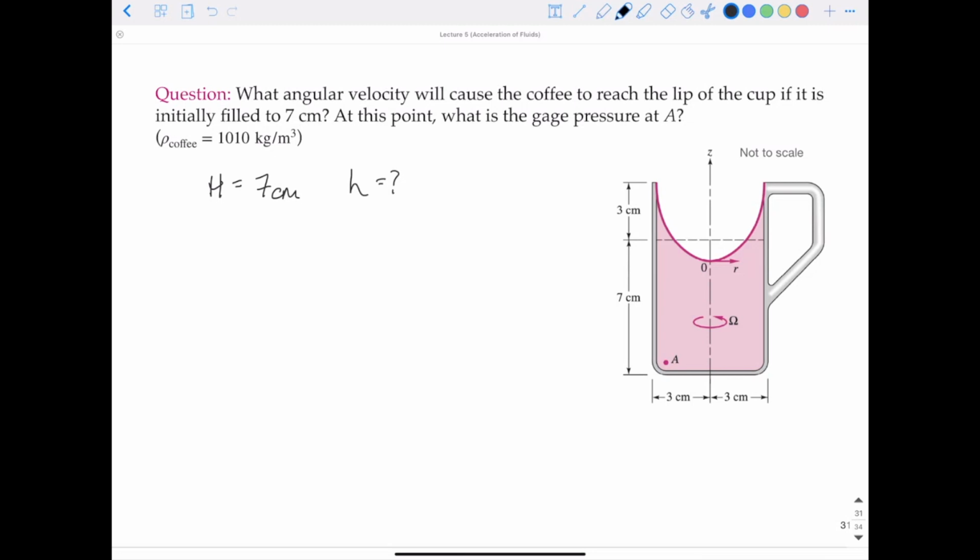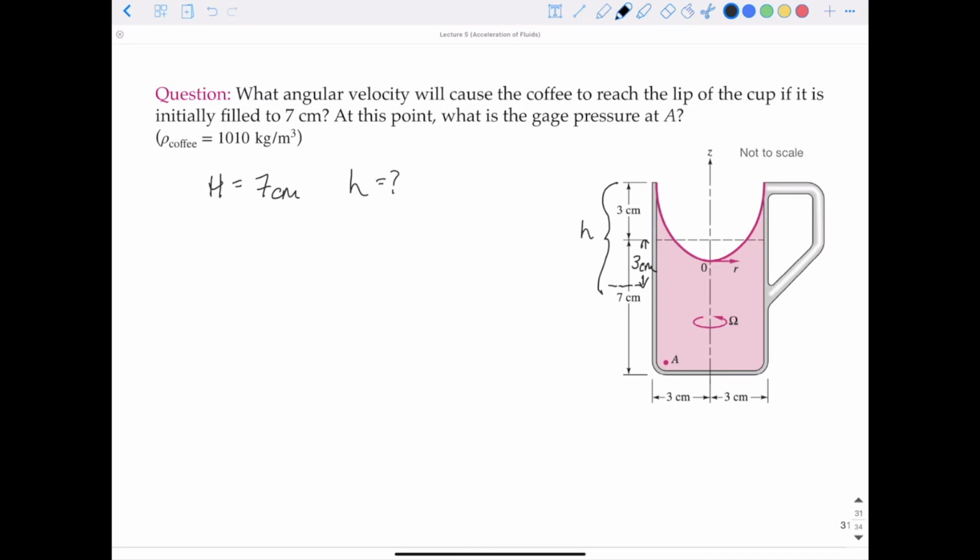So we know capital H, the initial height of the fluid, is going to be right in between the highest and lowest points once we have accelerating. So if we know this is 7 centimeters tall and we have 3 centimeters here, that means this whole distance (3 centimeters below and above) will be h, right?